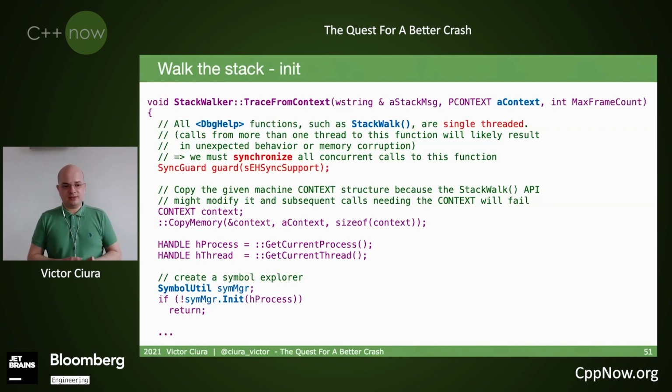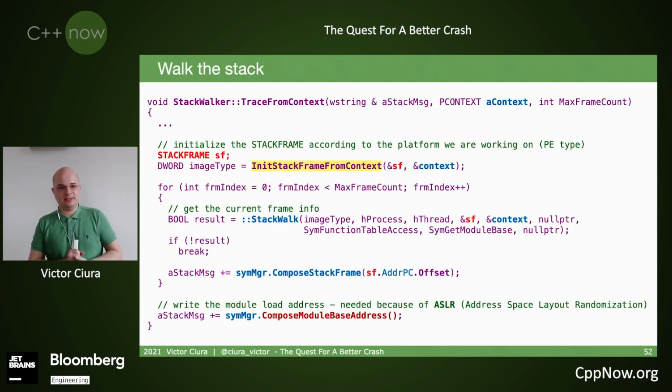And of course, you can get the current process handle and the current thread handle, because the thread is important. And we have another utility, a SymbolUtil class, that helps in this process to extract all the symbol information for the particular context in this thread. We'll see how it does it.